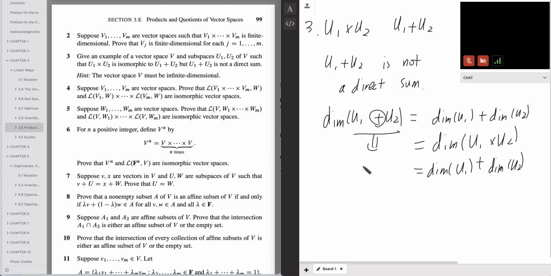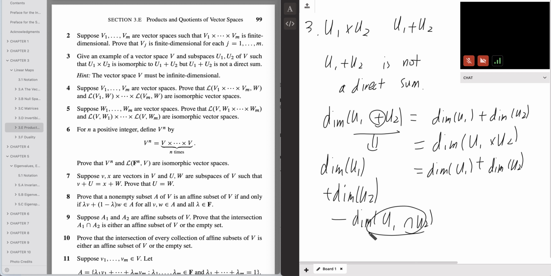So in fact, I think the formula is dimension of U1 plus dimension of U2 minus dimension of U1 intersection U2. And if this is not 0, then you lose some dimensions which you cannot retrieve from this U1 cross U2.